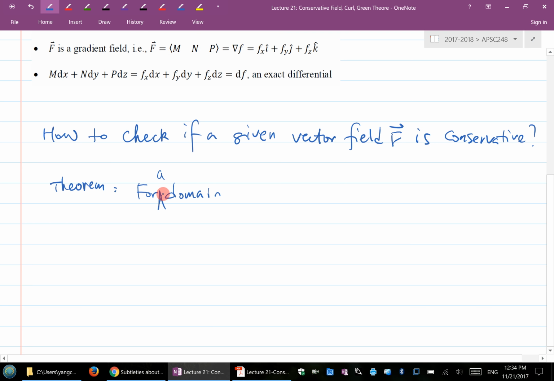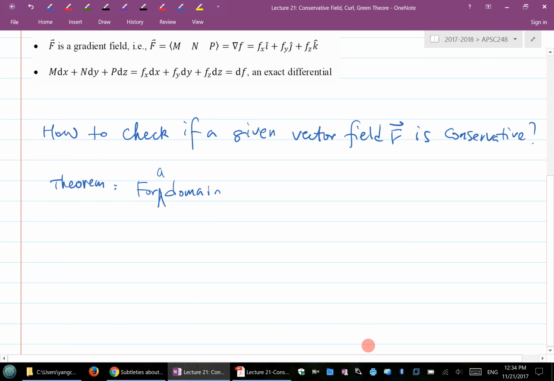If you are given a 2D field or 3D field, there's always a domain. This part here is very mathematical. It doesn't really help us a lot, but just to be more rigorous in terms of the theorem, I'll just write it down here.